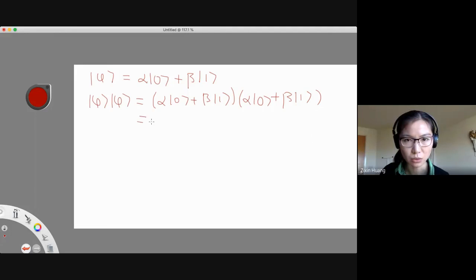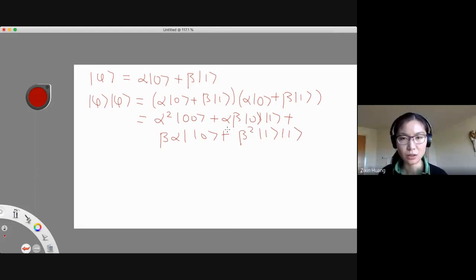So this is equal to alpha squared 00 plus, well, for the tensor product you just multiply the components together respectively, so you end up with alpha beta 01 plus beta alpha 10 plus beta squared 11.